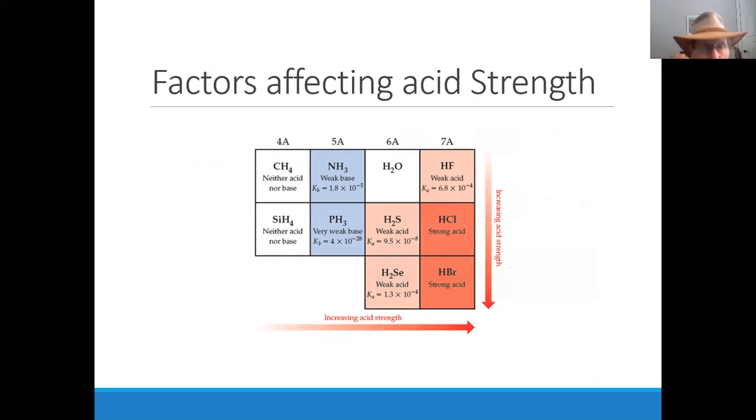So this means that with F, I have a real strong attraction because it has a very high electronegativity. That F is really attached to the hydrogen, so it stays as HF and doesn't dissociate as H plus and F minus.